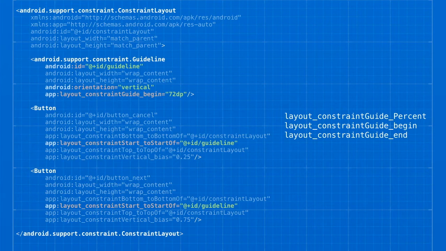Or you can define it as a percent. So the percent is essentially percent of that screen dimension, whether it's width or height, how far from the beginning edge do you want that guideline to sit. Okay? And then you can use that guideline as a target for any other constraints. Okay? So a lot more flexible than what we used to have.